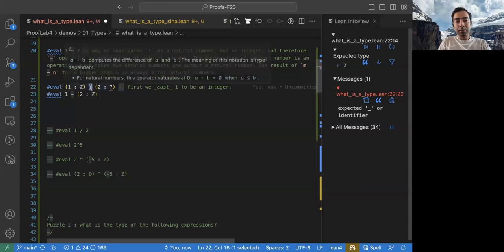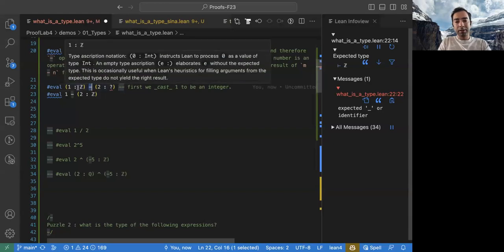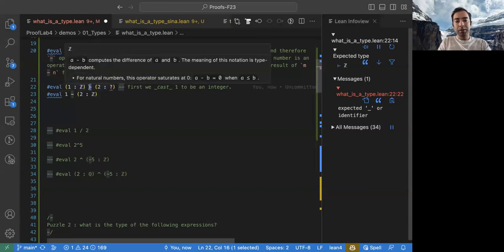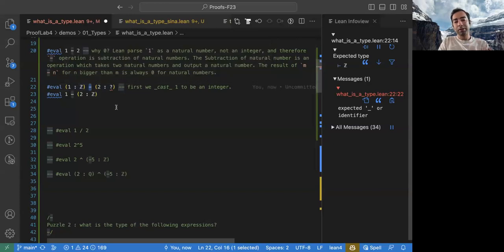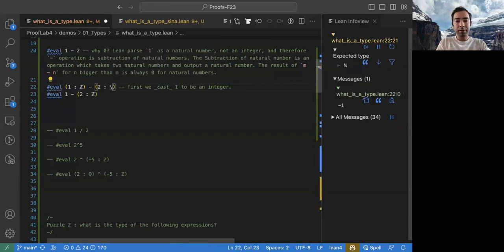It knows that the first one is an integer, so the type of minus should be subtraction of integers, which it can infer, because subtraction is a homogeneous kind of operation, which means the two arguments of the subtraction should have the same type. It cannot be that one is an integer and the other one is a natural number. Since the first one is an integer, the second one must also be an integer, so it also infers that this is an integer, right?